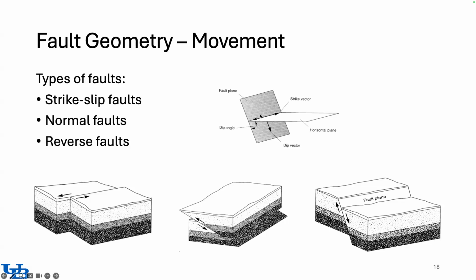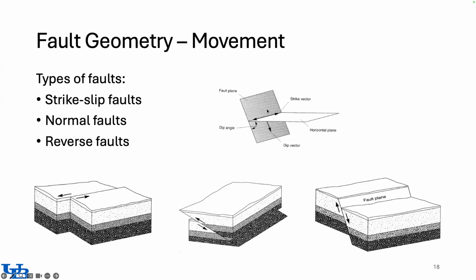We have the strike, which is the projection of the fault plane on the surface. And the angle of the strike relative to the north is what we call the azimuth angle. And the dip angle is the angle of the fault plane relative to the horizontal plane. So that defines the fault geometry.